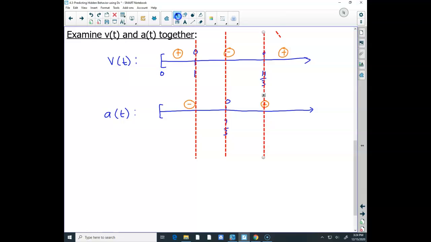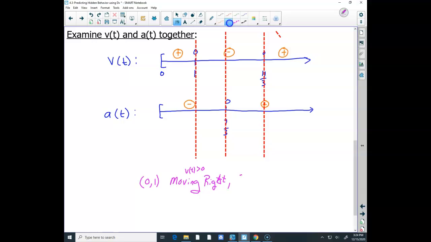So when I'm looking at that, I can think about this underneath here. On the interval from 0 to 1, what is happening there? I'm moving right, because v of t is greater than 0, and I'm slowing down.